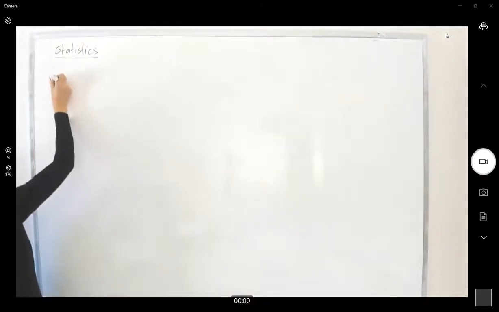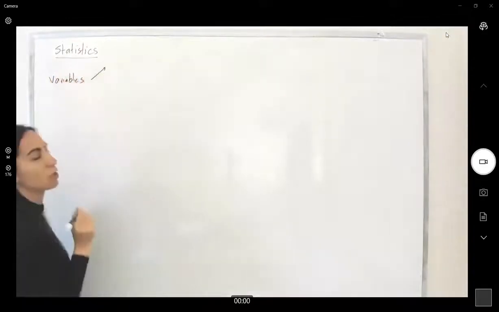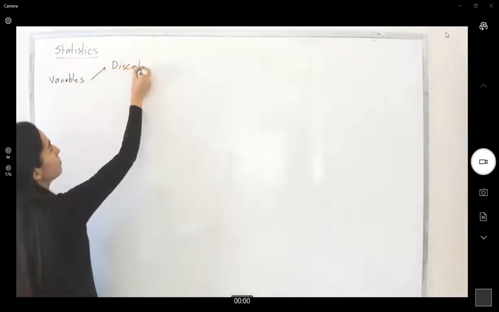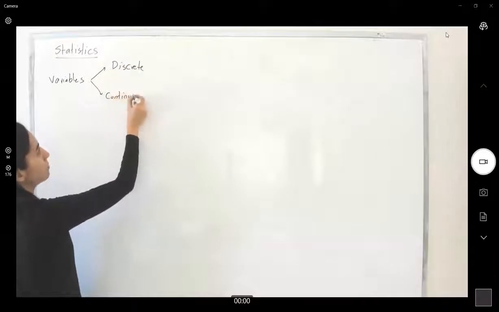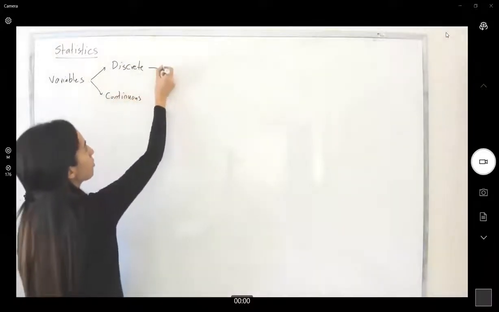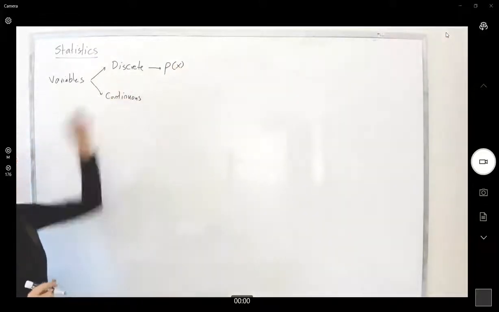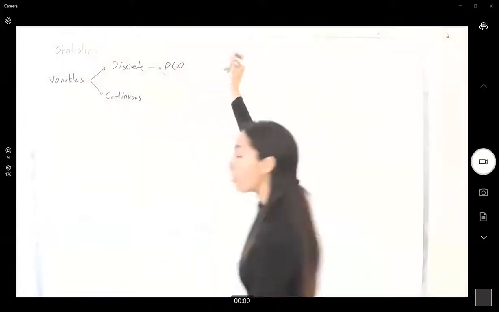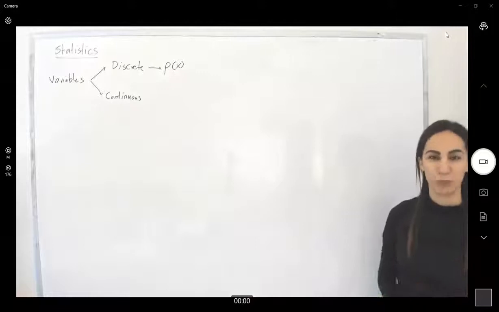So again, we have 2 types of variables, discrete and continuous. The probability of a discrete random variable is denoted by P of X, and one of the important discrete experiments is binomial.